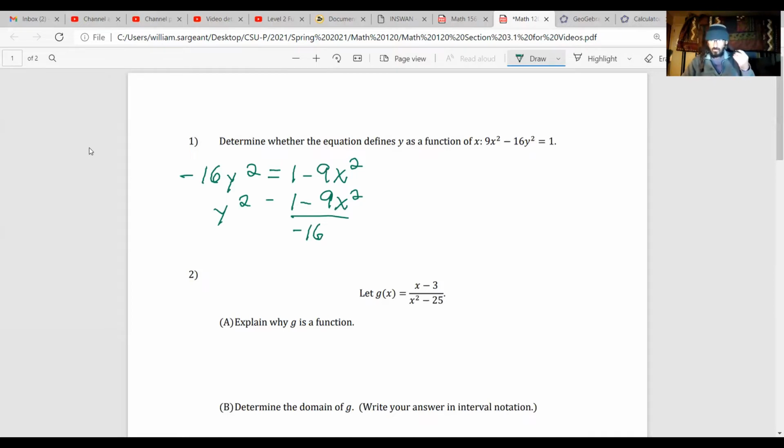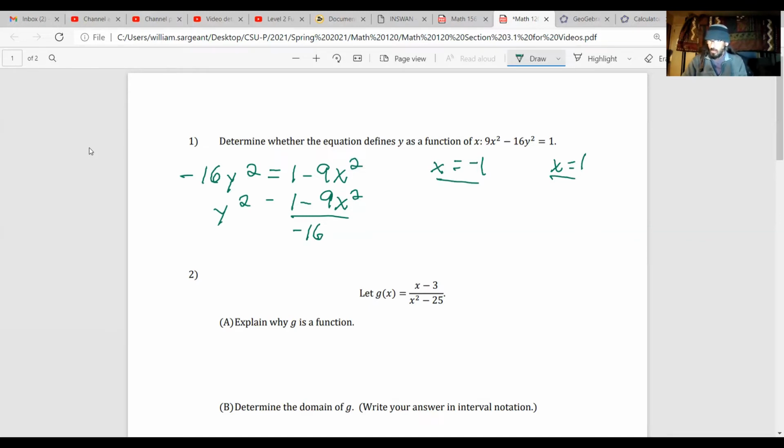The most convincing thing to a variety of people at different levels would be, let's put in something for x. Look at what happens when we put in both -1 and +1.